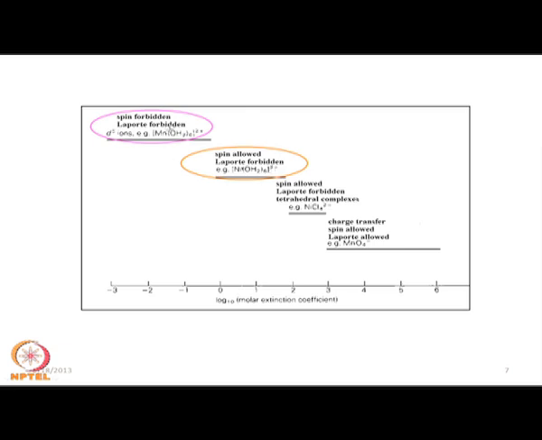Compared to the hexaaqua manganese compound, the transition intensity is higher because it is spin allowed. We get the molar extinction coefficient values on the log10 scale, which are close to this particular value. That means this value is very small compared to that; the value for hexaaqua nickel is higher.